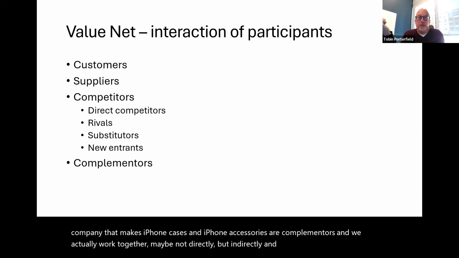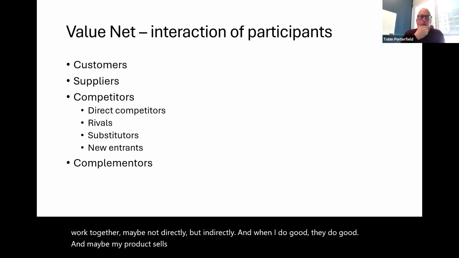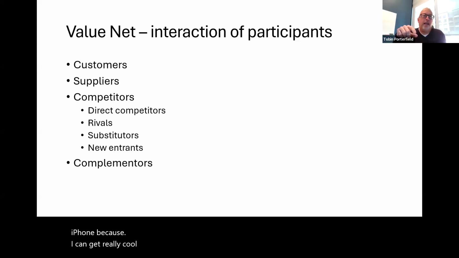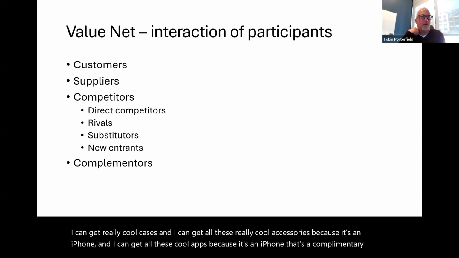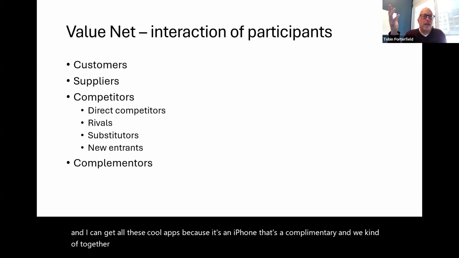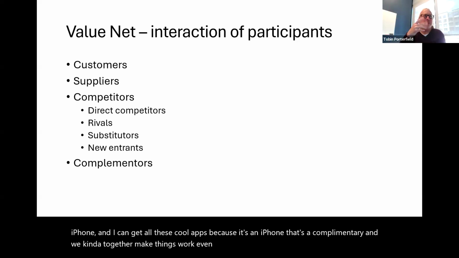When I do good, they do good. And maybe my product sells better because people think, I'm going to buy an iPhone because I can get really cool cases and all these really cool accessories and apps because it's an iPhone. That's a complementer. Together we make things work even better. So a little bit different.